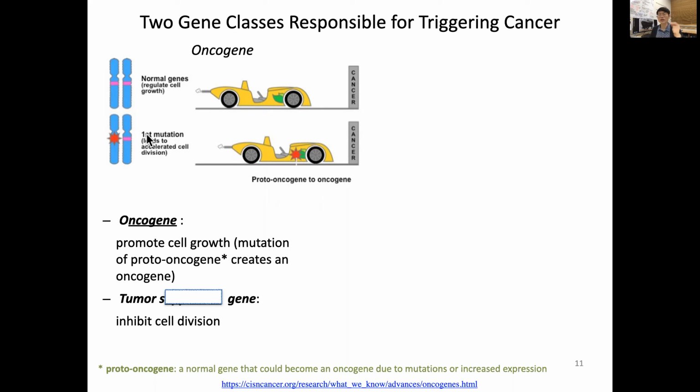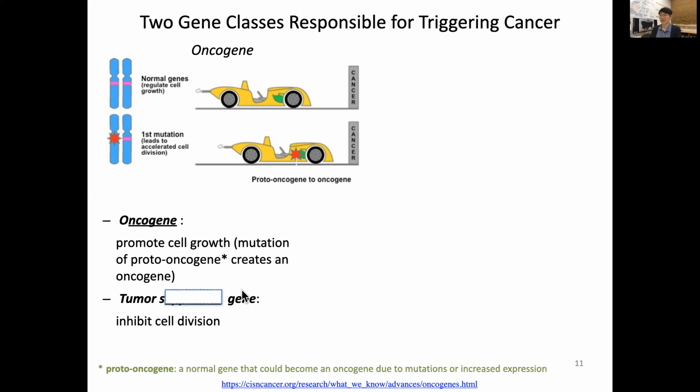But even one mutation of this proto-oncogene that turns it into an oncogene is like pushing the accelerator. These usually act as a dominant factor, so even this one mutation can lead to accelerated cell division.